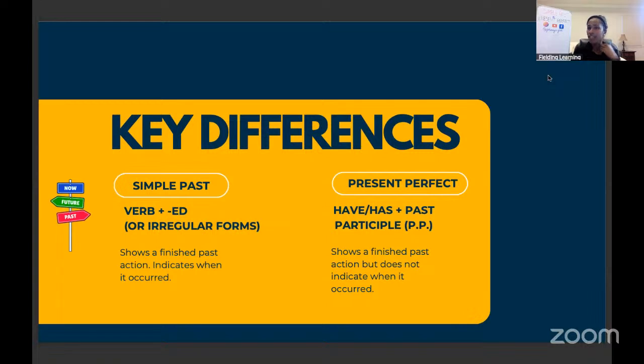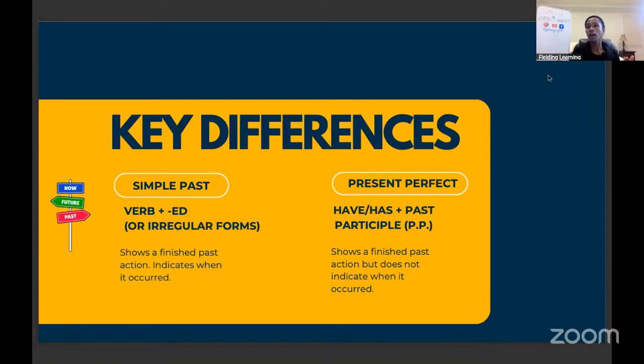And now the present perfect, you're going to use have or has. So for the third person, she, he, or it, you're going to use has. And then you're going to use the past participle, which is, when you start learning, I don't know if you guys have downloaded the verbs, like the present perfect, and then the past participle is the third column over there.